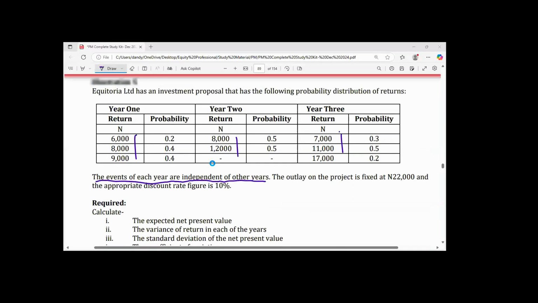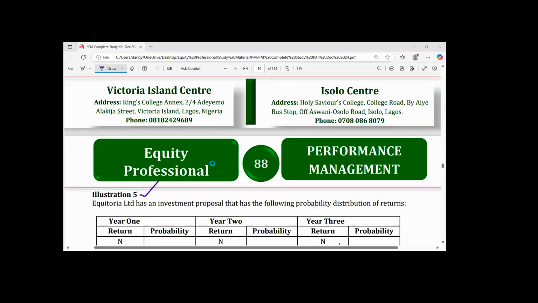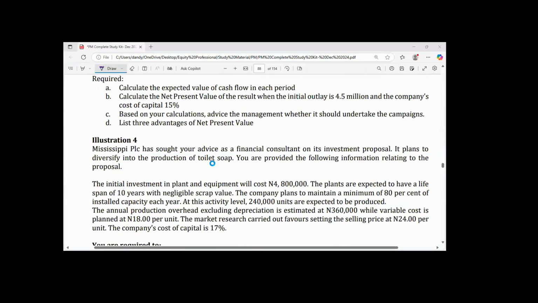Let's go back to the notes, sensitivity analysis. Yes. So let's have illustration number 4. Who is helping us to read it? Quickly, who is reading for us? Illustration number 4. Moses, read.